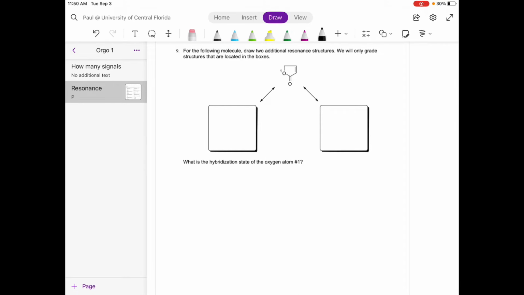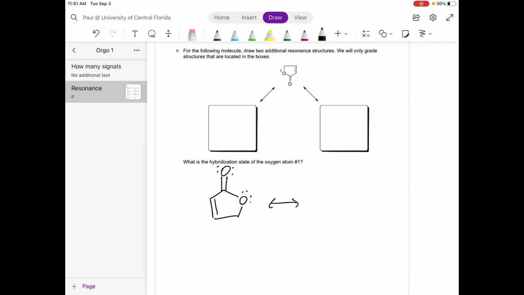I'm going to redraw it like this. That's just easier for me to do. Now, oxygen 1 has 2 bonds and is neutral, so it has to have a lone pair, and that has to have a lone pair.